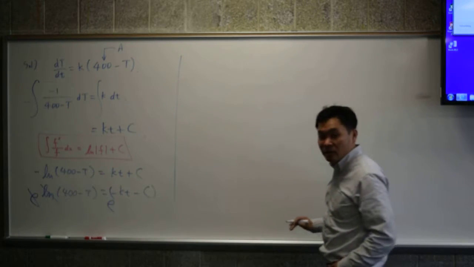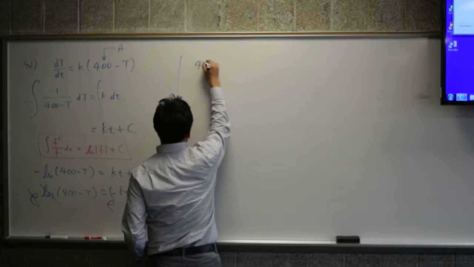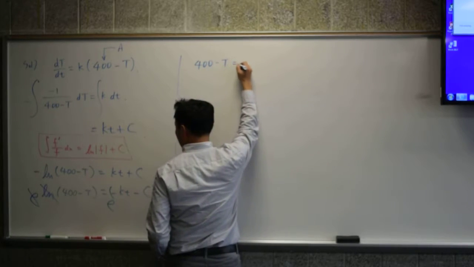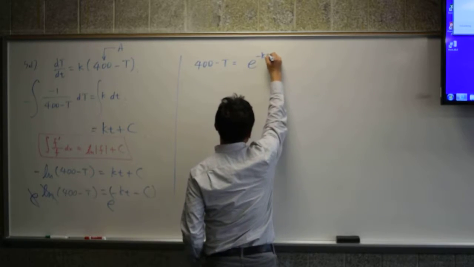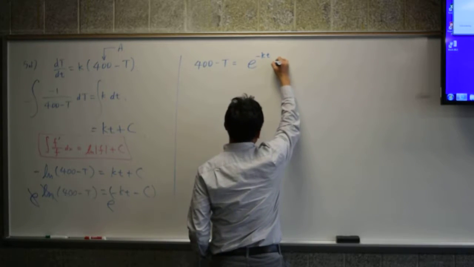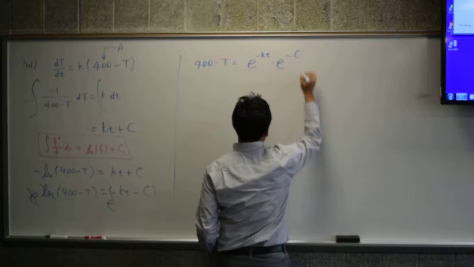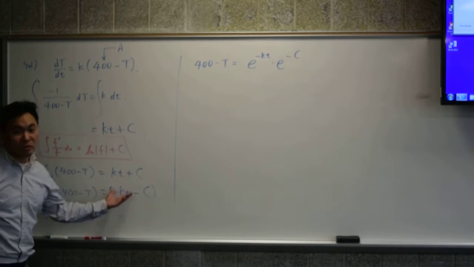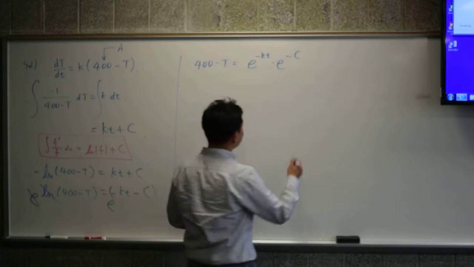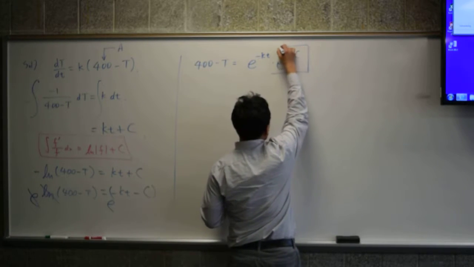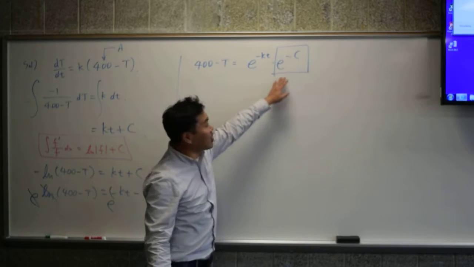After canceling the e and ln, I have 400 minus t equal to e to the negative kt times e to the negative c. I want to split this exponent into two because, if you remember, this is just some arbitrary constant.